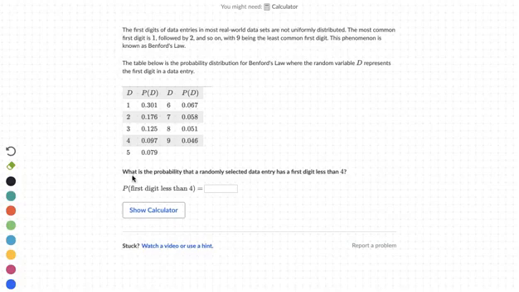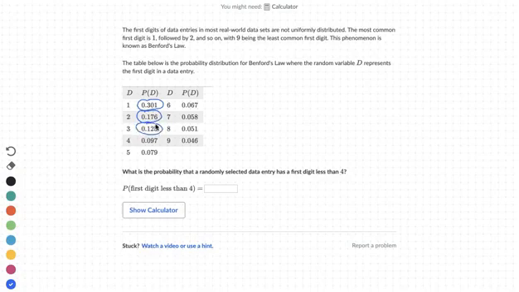So in this problem, we're figuring out what is the probability that a randomly selected data entry has a first digit less than 4. Little summary here, what is the probability that the first digit is less than 4? What we need to do here is add the probabilities for the outcomes that are less than 4.